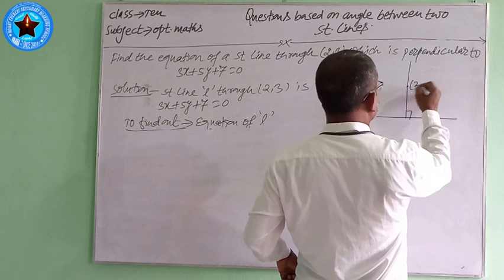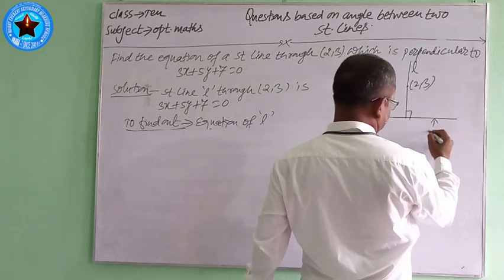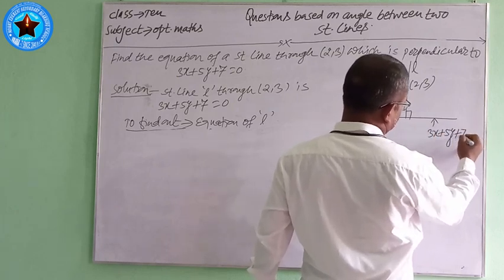Here is 2, 3, which is L. It is 3x plus 5y plus 7 equals 0.